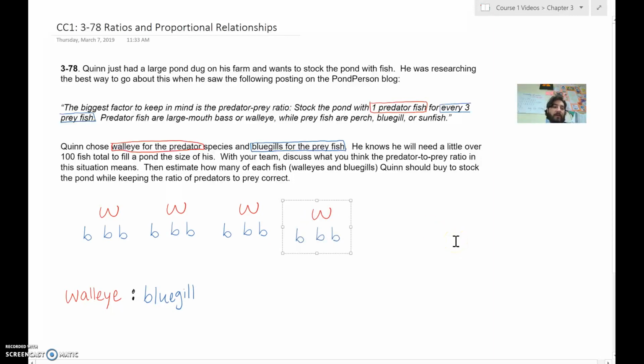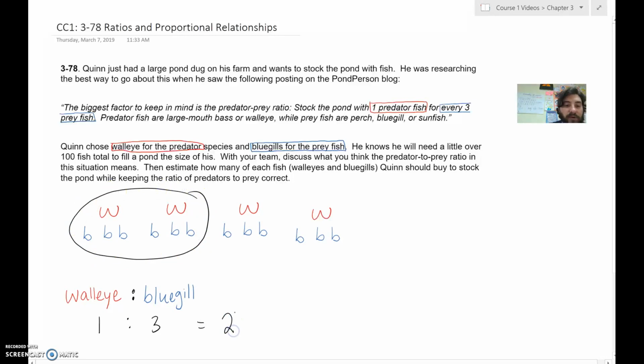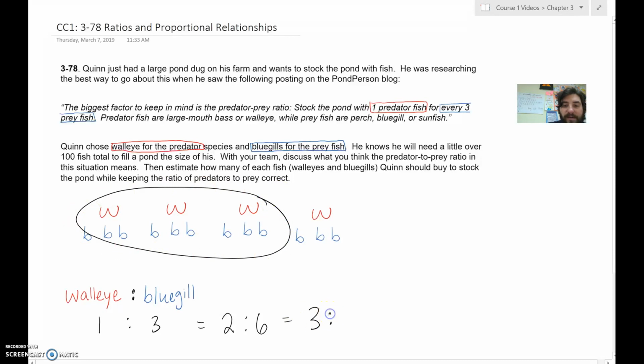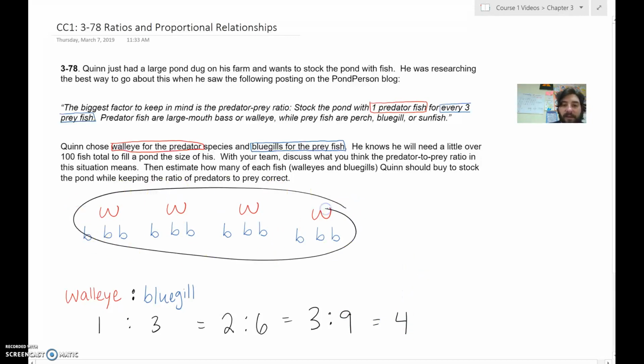Well, we know that 1 walleye and 3 bluegills is the same as 2 walleye and 6 bluegills, which is the same as 3 to 9, and that's the same as 4 to 3 times 4, which is 12, and we can keep going on.